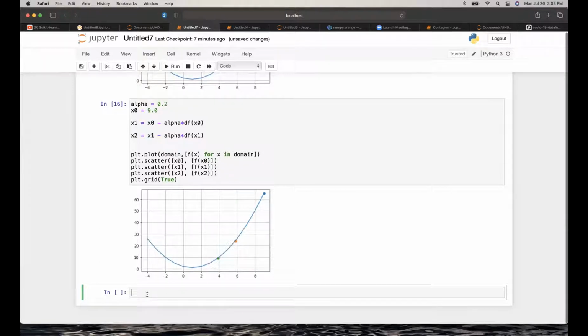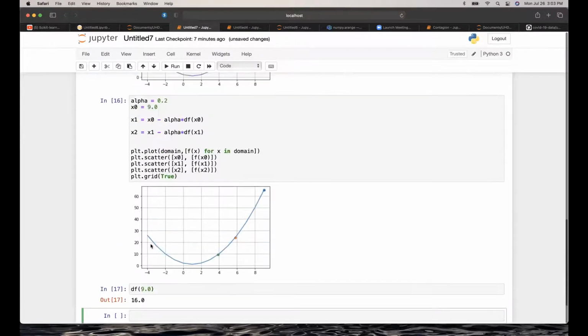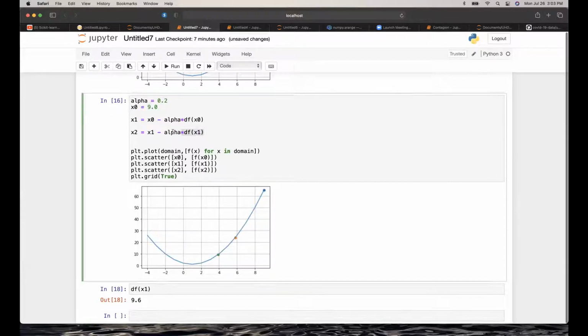So what are the differences? df of 9.0, the slope was 16 at 9, and at our x1, it was 9.6. So when we were subtracting off this value at x1, we didn't take as far a step because the slope of the tangent line was less.